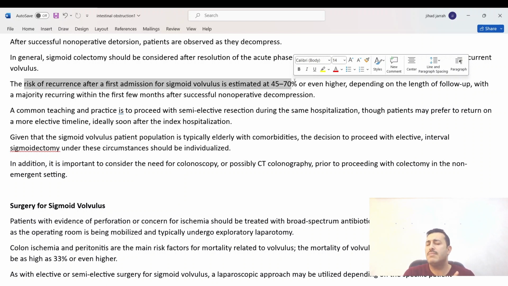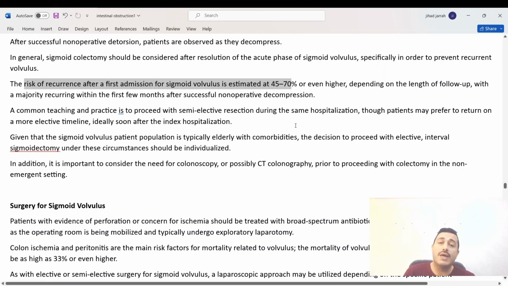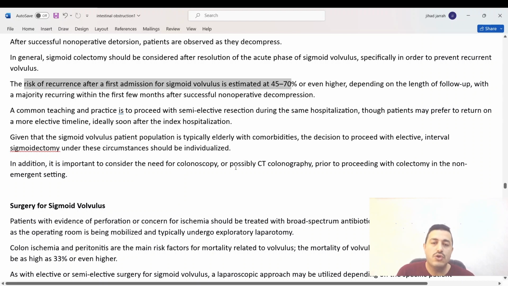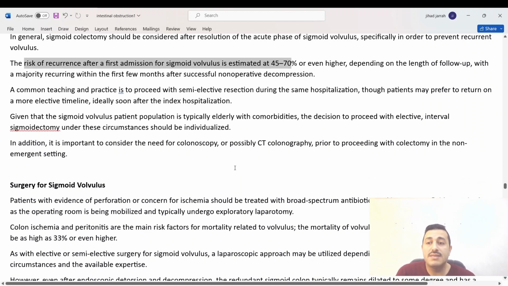Semi-elective means within the same admission, or as an elective case after discharging the patient and doing CT colonography, colonoscopy, and bowel preparation. This should be individualized, and you should keep in mind that these are old patients with multiple comorbidities.